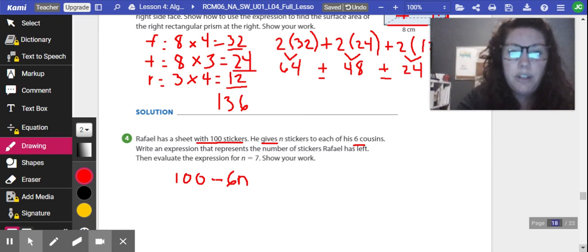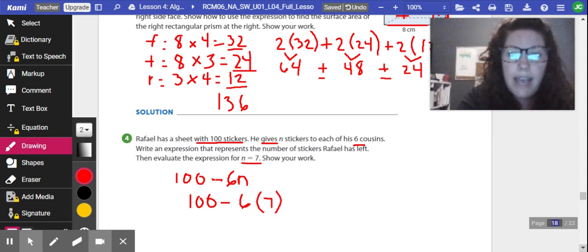Okay, so we have our 2 terms here, 100 minus 6n. Now we're going to evaluate the expression where n equals 7. So how that looks is you're going to do 100 minus 6, and then in parentheses, we're going to put the value of n, which is 7.